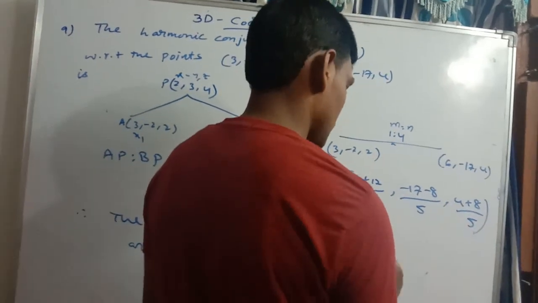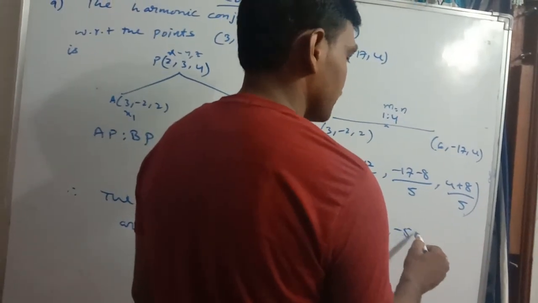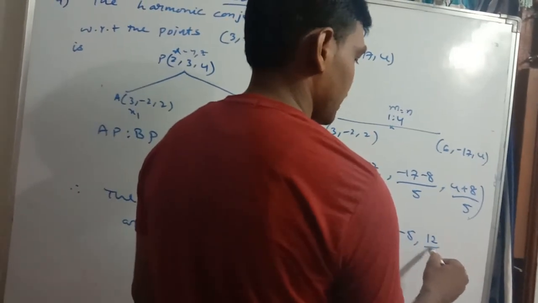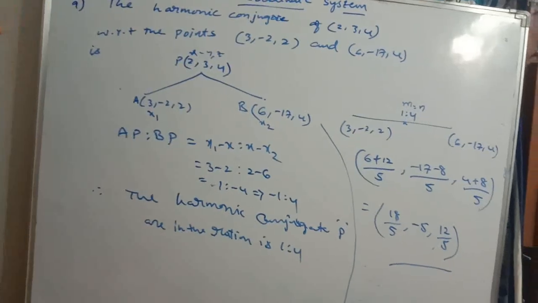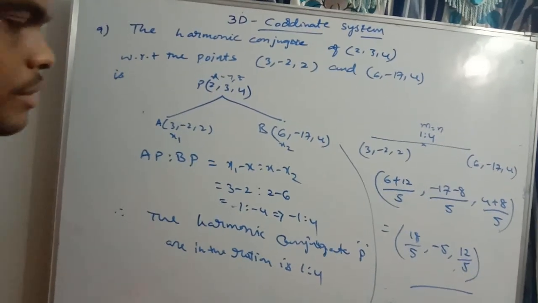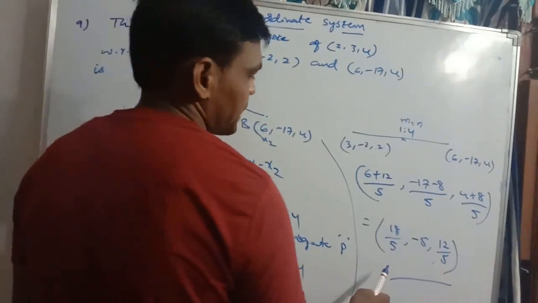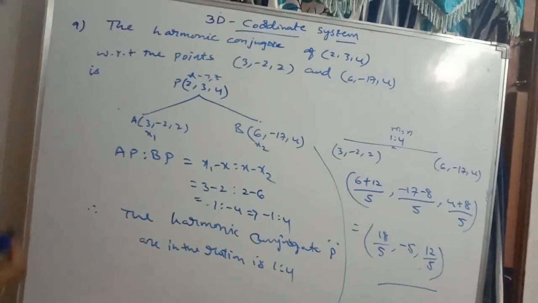Now here 18 by 5, minus 25 by 5, this is -5, and this is 12 by 5. Now the coordinates of the point are (18/5, -5, 12/5). Now see the options in our material. Now the answer is this one. This is the point. Okay.